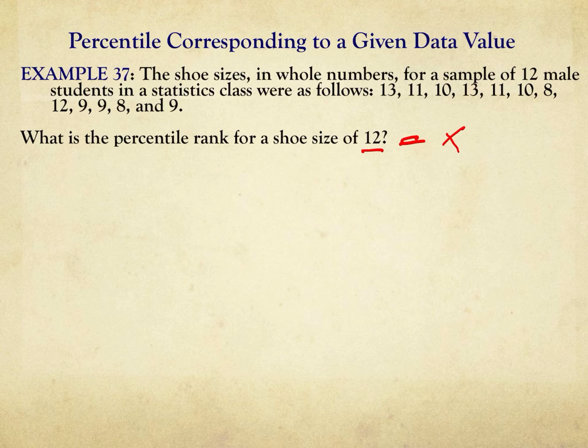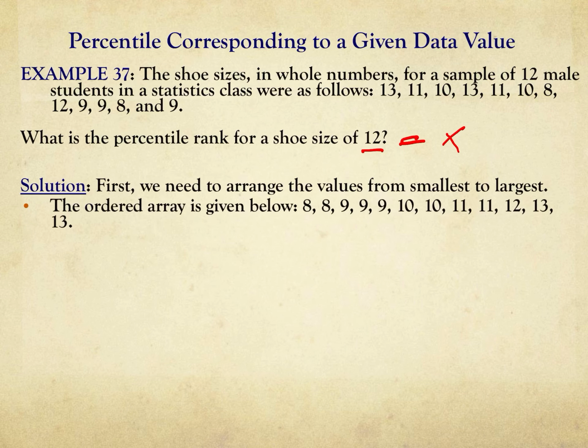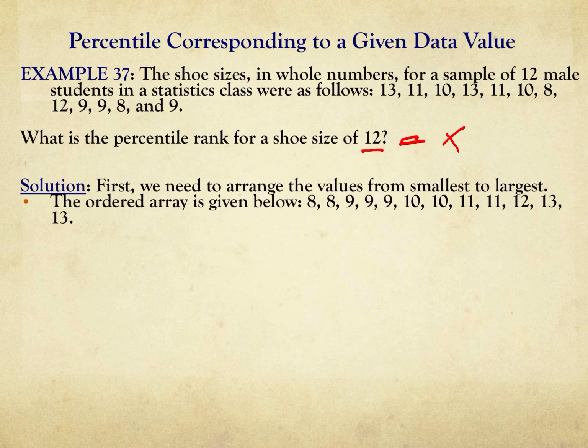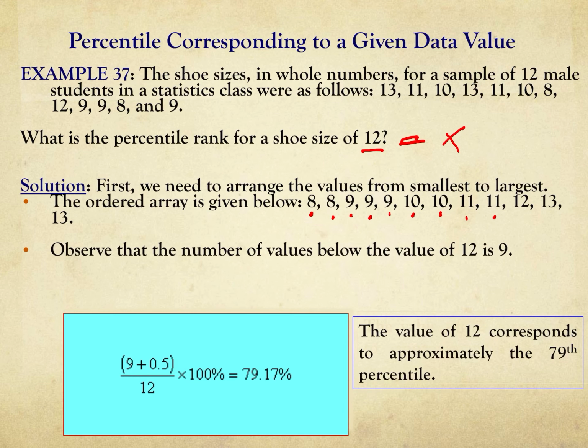So let's count the number of values below 12. We have 1, 2, 3, 4, 5, 6, 7, 8, 9. So 9. Going back to our formula, it's 9 plus 0.5, times 100%.